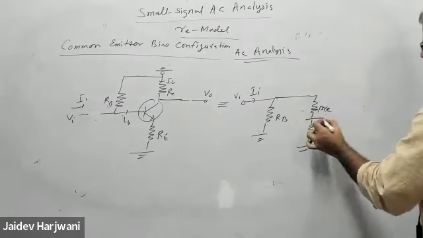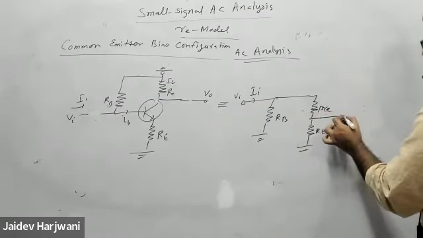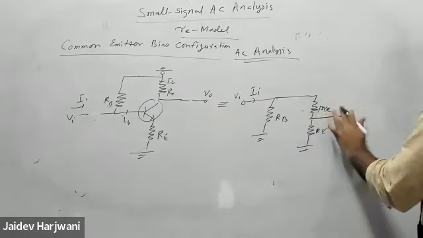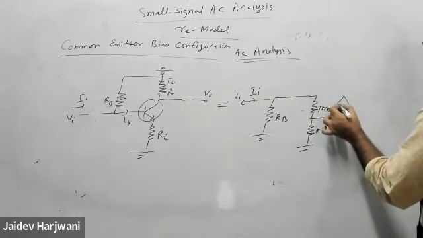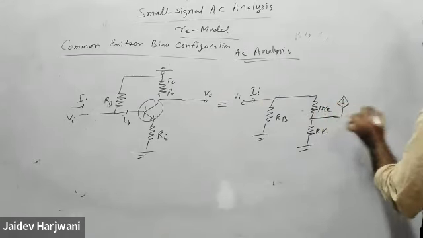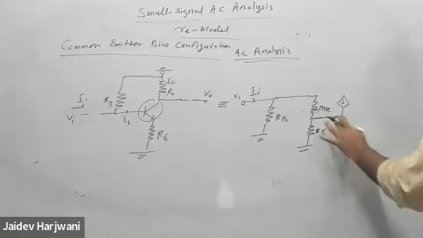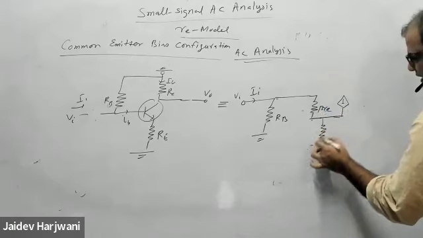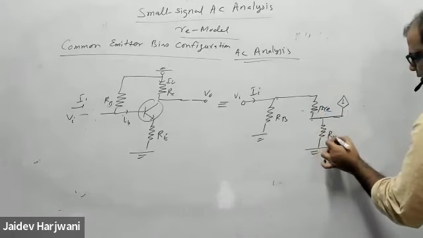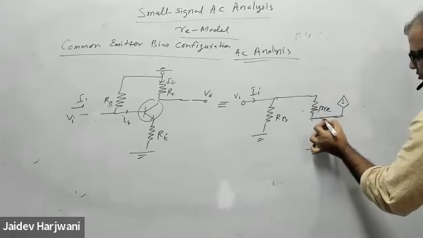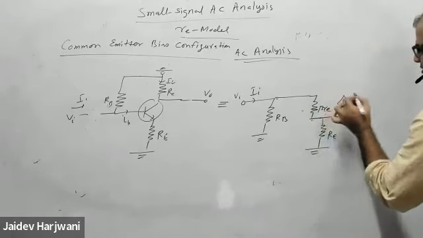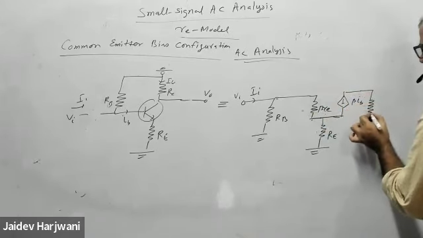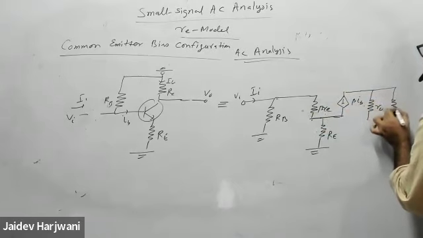And here the output current is coming, I naught. You can put this in between, so it will look good. The remaining circuit is the same. Only here RE is there. Earlier it was grounded, now it's not directly grounded, there is a resistance here. And this is your beta IB. And here you can put R0 and you can put RC.